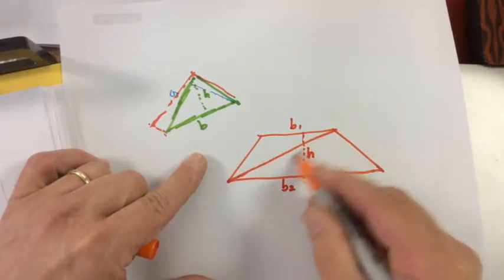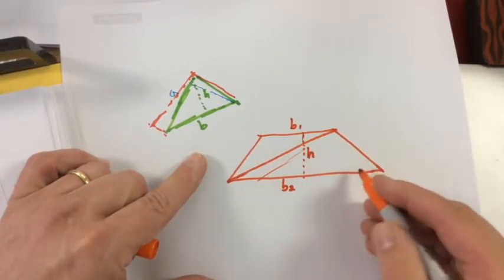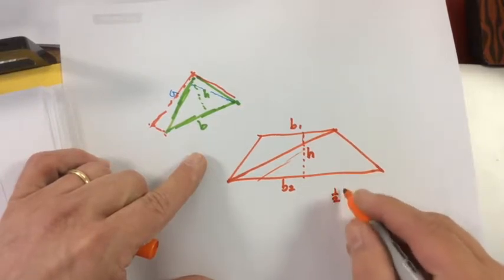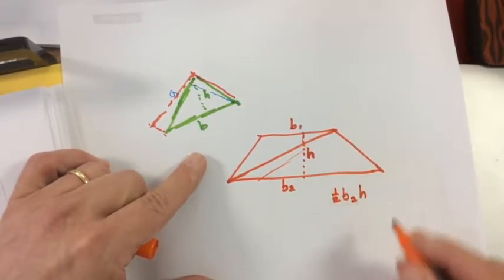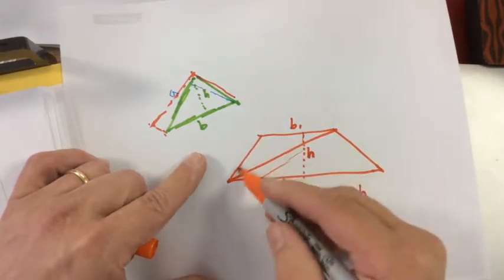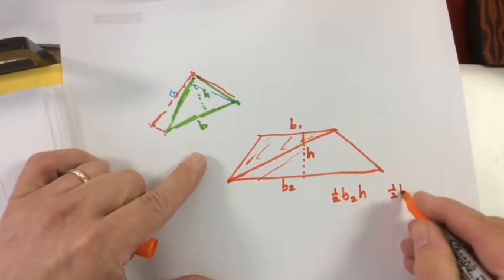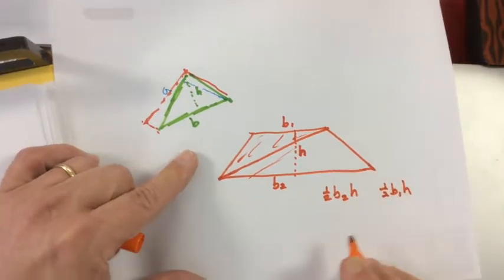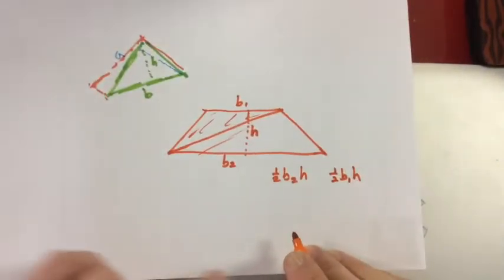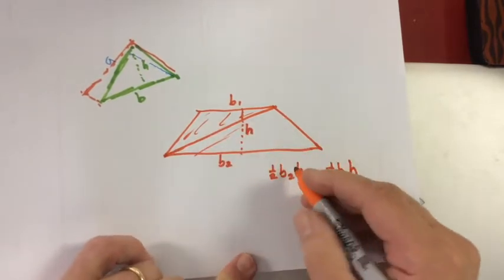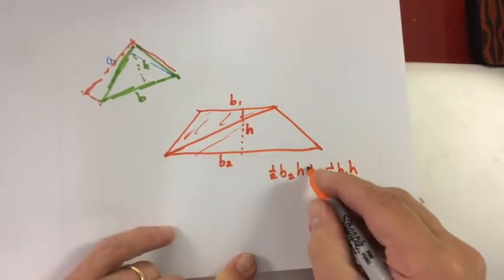So the area of this triangle right here would be 1/2 base 2 times the height. The area of this triangle over here would be 1/2 of base 1 times the height. And if you wanted the area of the entire trapezoid, you would just add them together.